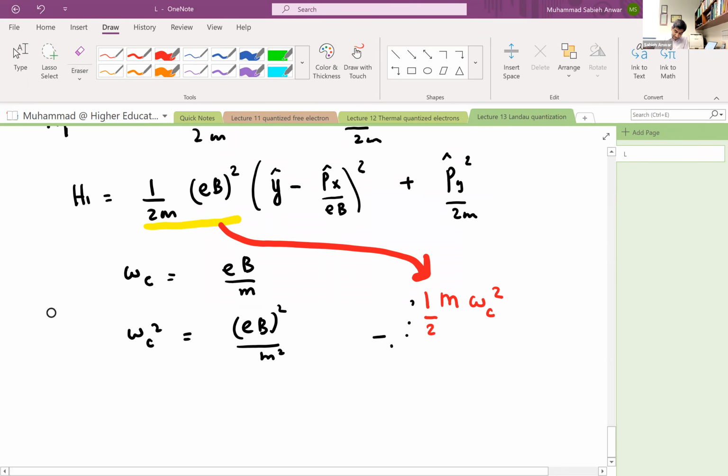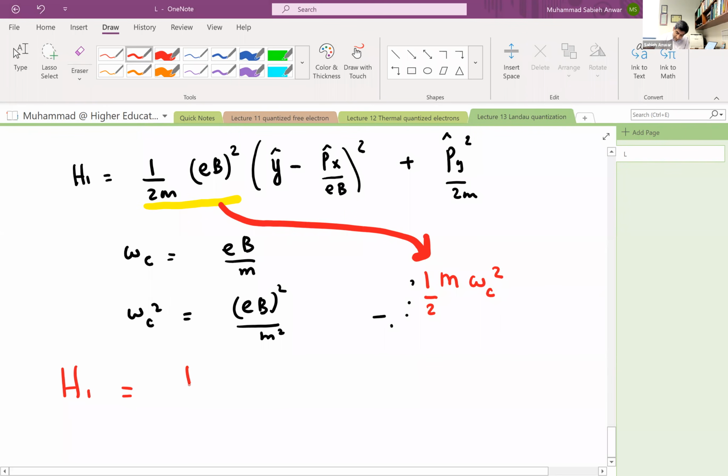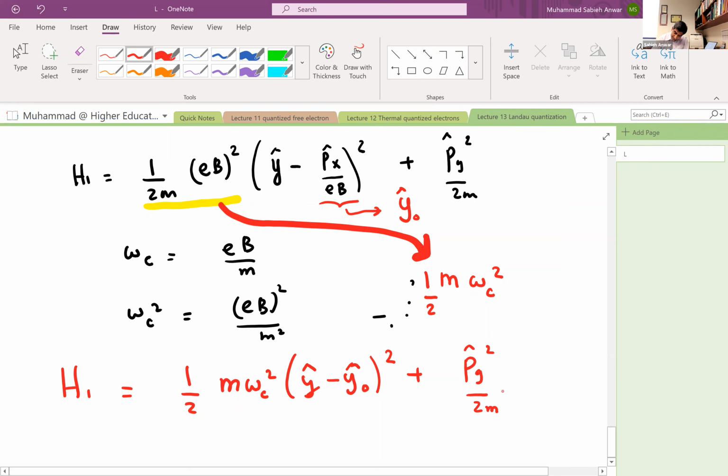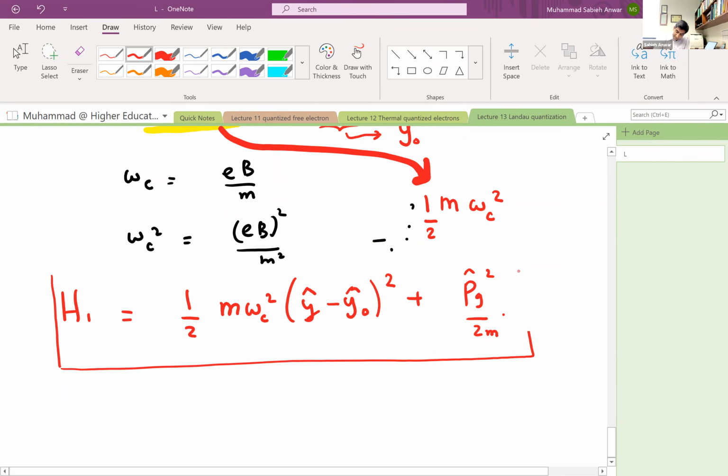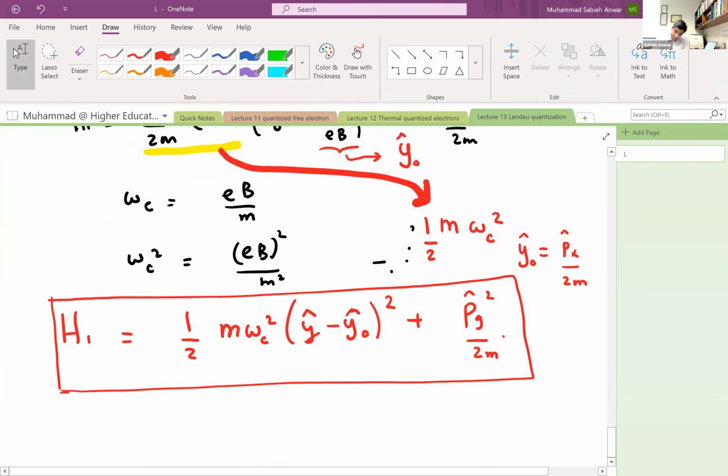So the first and the second terms in the Hamiltonian come out as half m omega c square (y minus y0) square plus py square over 2m. All right, so far so good. Now this Hamiltonian here, where we have defined y0 to be px over eB.